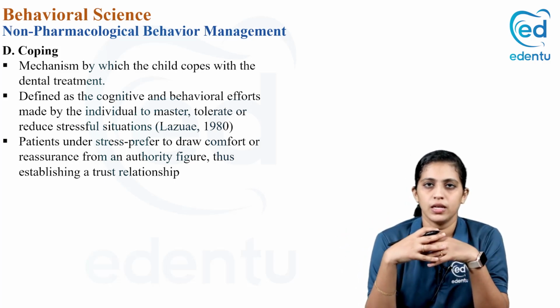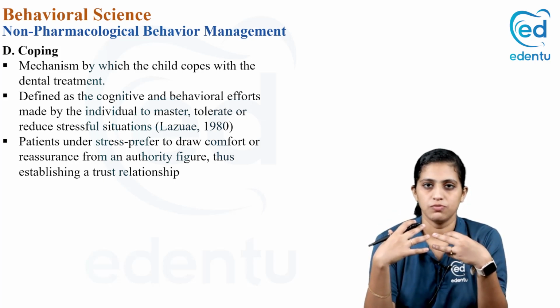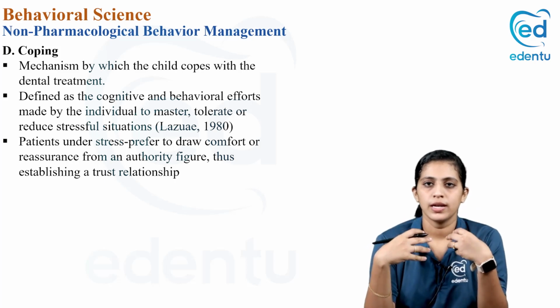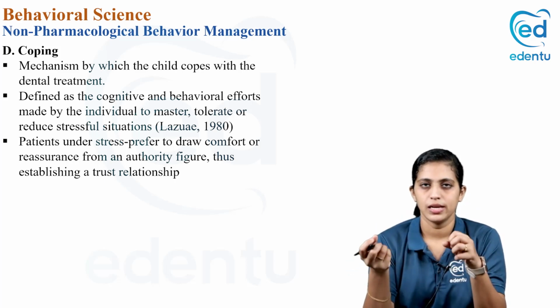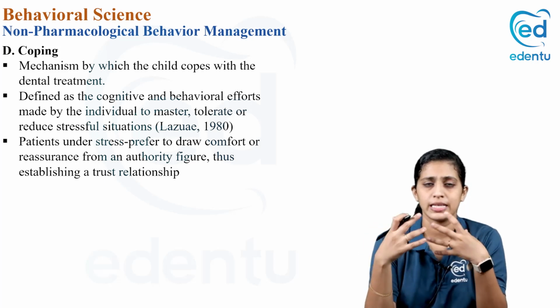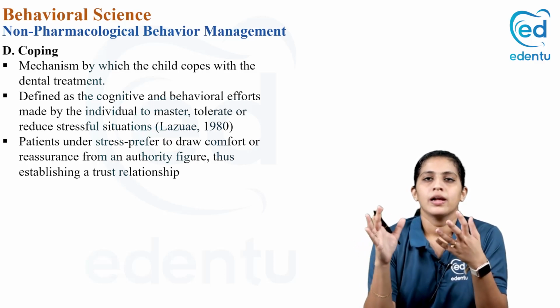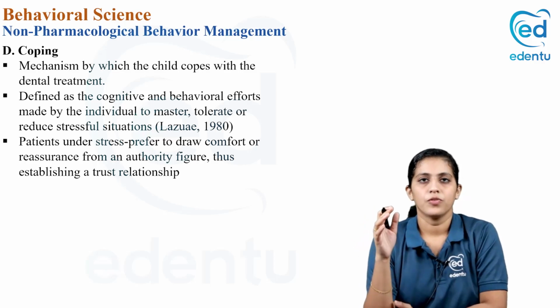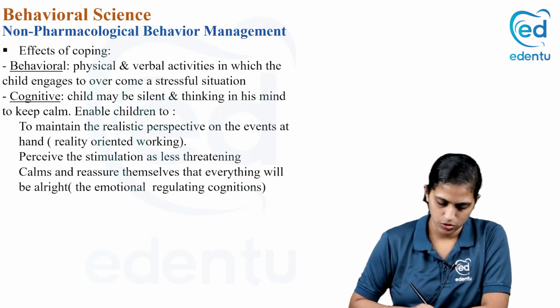When the child is under a stressful situation, the child wants to be consoled by someone who he or she thinks has a good relationship with the child. For example, if the parents console them, or if someone they know well comforts or reassures them, they prefer that under stress.